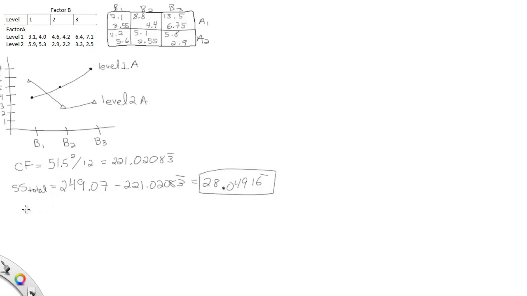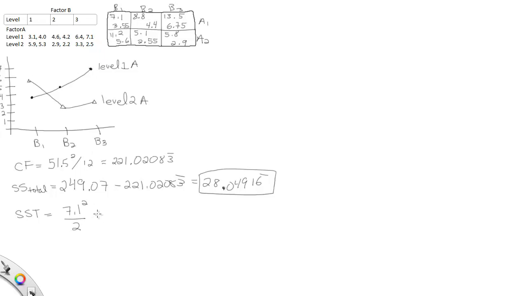Total sum of squares. Okay, now from here, what I'd like to do next is to simply come up with your sum of squares for the treatments. So sum of square for treatments here is going to be a little bit time consuming, but essentially what we're going to do is to take the totals for each little cell, and that's why I did the totals here, and then we're going to square those and divide by the number of values that went into the total. Just 2 values went into each of these totals, right?